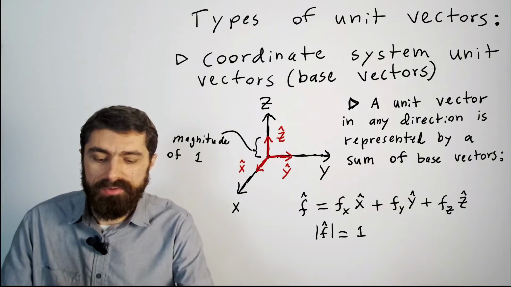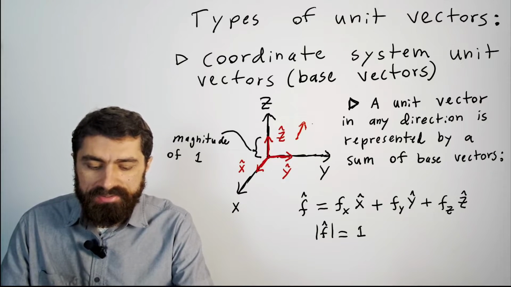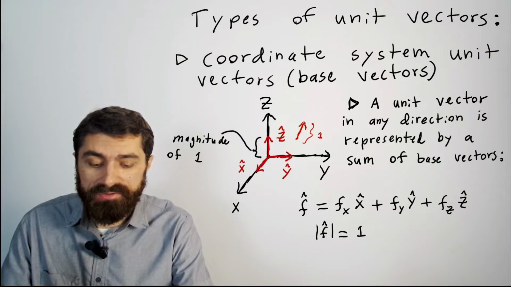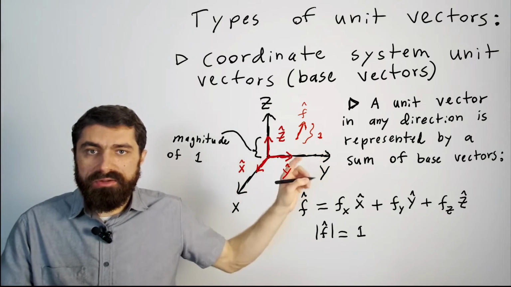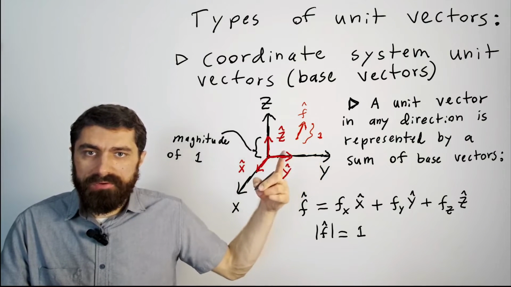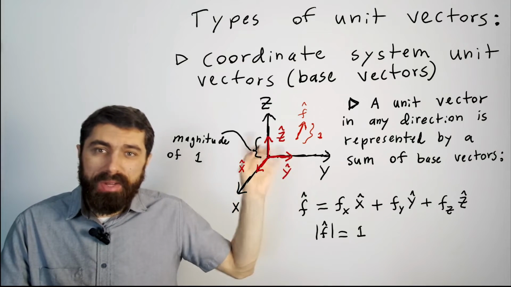So for example, you could draw literally any arbitrary vector in this coordinate system, and it'll have a magnitude of 1 if it's a unit vector. So let's call this f hat, some random unit vector here. But the thing is, it's not oriented perfectly in the x direction, the y direction, or the z direction. It has a piece of both.